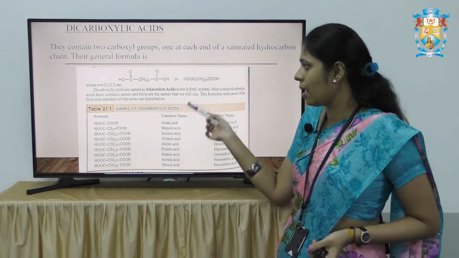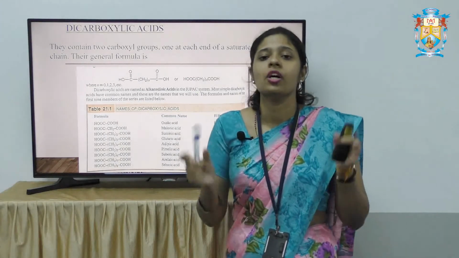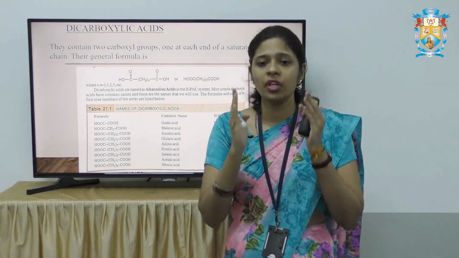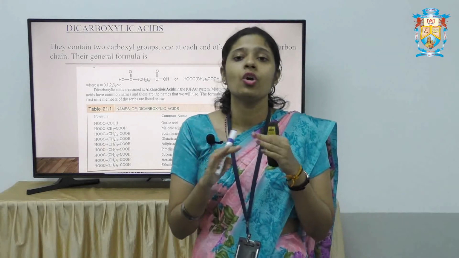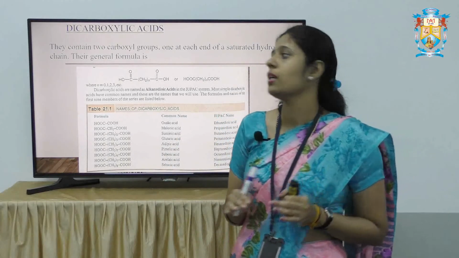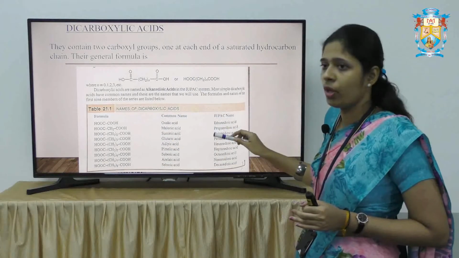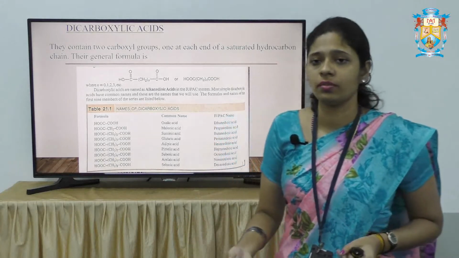So these are examples of dicarboxylic acids in which you have 2 carboxylic acid groups. In between there may be a CH2 group or there can be no CH2 group, but this will be in a successive flow, that is ethanoic, propanoic, butanoic, pentanoic, hexanoic, heptanoic, and so on.